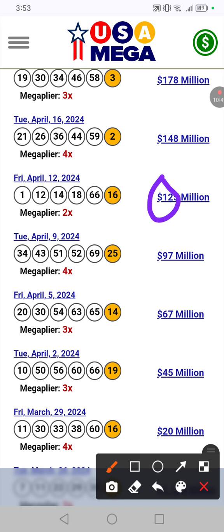Also here it's 12, the first two numbers, and they played 12. On the previous jackpot it's 97. Yeah, so let's go to the next one, which is over here. So it's 14.